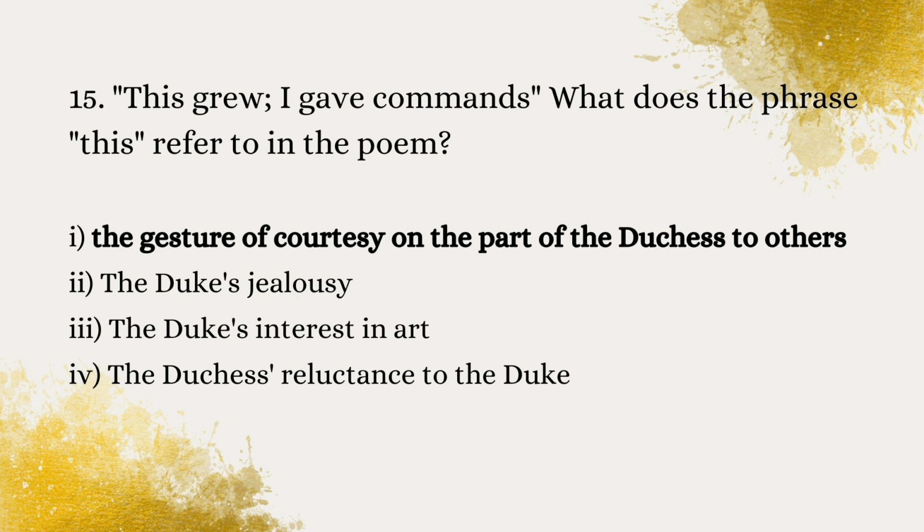The right answer is the gesture of courtesy on the part of the Duchess to others. It is the gesture of the Duchess to smile at everyone, to praise everyone, and the works of everyone. So this is ultimately what was disliked by the Duke, and the Duke ultimately gave the command to kill the Duchess.